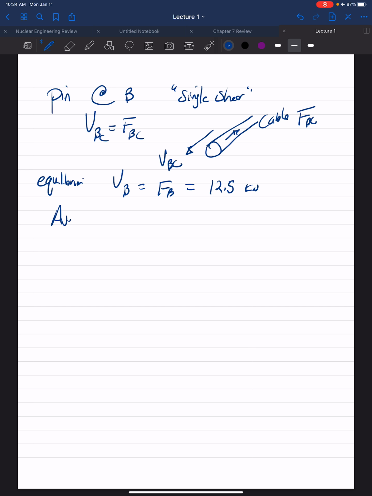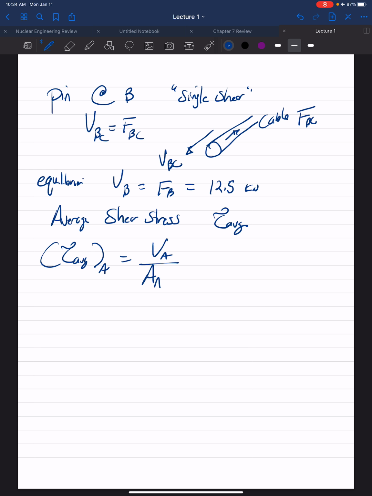So then getting to our average, so we found our forces in the pins at A and B. Now the average shear stress at A will be VA over the area A. We solved for VA, which we said was 10.68 times 10 to the 3 newtons.